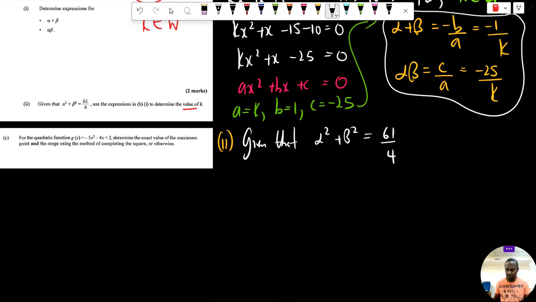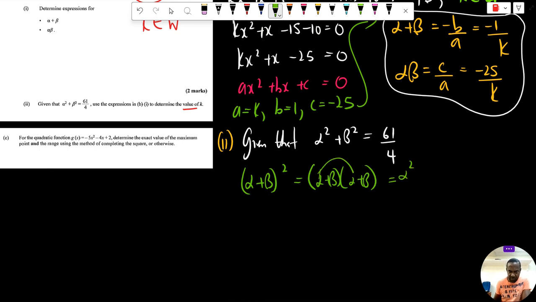Now, we do not know the value of alpha. We do not know the value of beta. So how do we obtain alpha squared plus beta squared? From past questions, we would have gotten this: if you have, for instance, alpha plus beta all squared, which is equal to alpha plus beta times alpha plus beta, then this gives us alpha times alpha, that's alpha squared, alpha times beta, that's alpha beta, then we have beta times alpha.